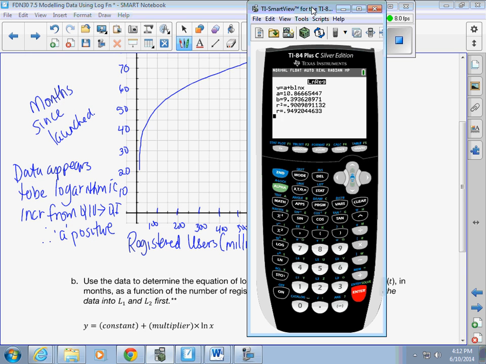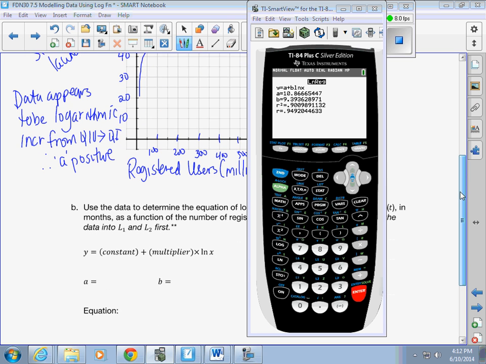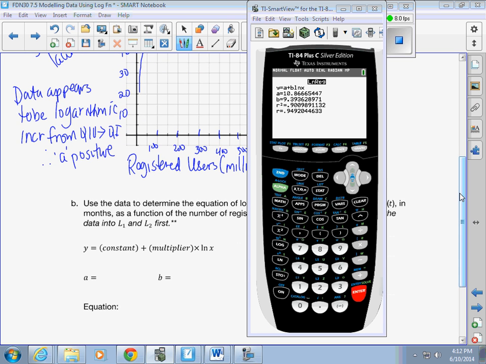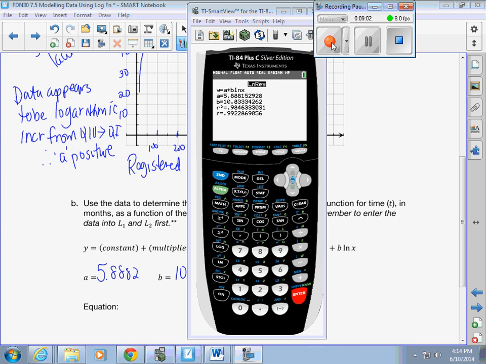So I have on mine from when I did it before that A was 5.882 and B is equal to 10.833. So I'm just going to pause and see what I've done wrong for my data, that it's not working.